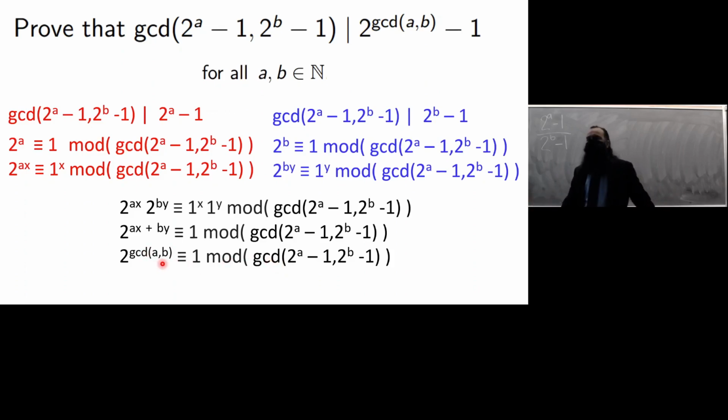I want to prove that something is the GCD, so it would make sense to use the GCD characterization theorem. It says that d is the GCD if and only if I can find x and y such that ax plus by equals it. That's the GCD characterization theorem.